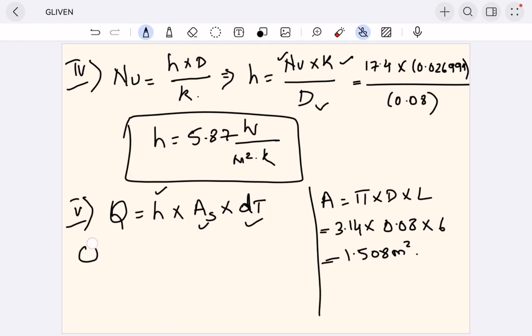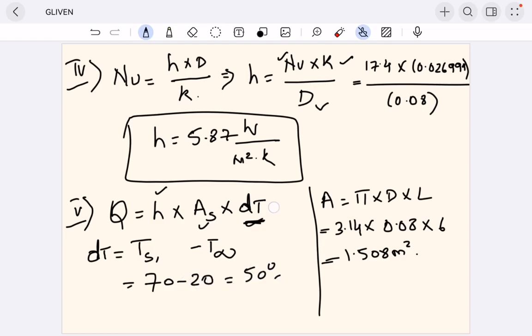Delta T is T surface minus T infinity, that is the average surface temperature minus T infinity. So that is 70 minus 20, which gives 50. Now I have all the numbers: delta T, surface area, and H. So if I plug in all the numbers, Q should be around 442.6 watts. That's how we calculate Q.